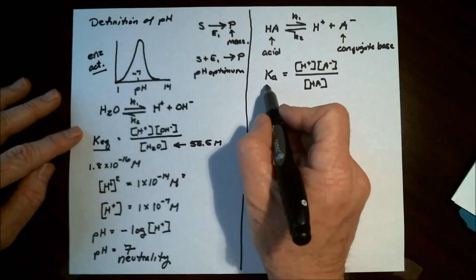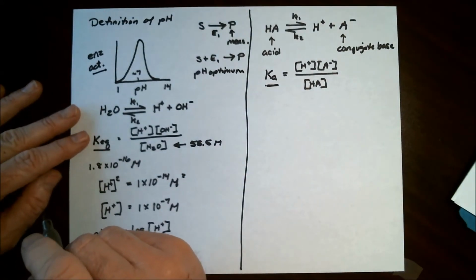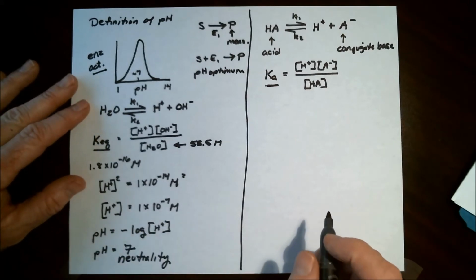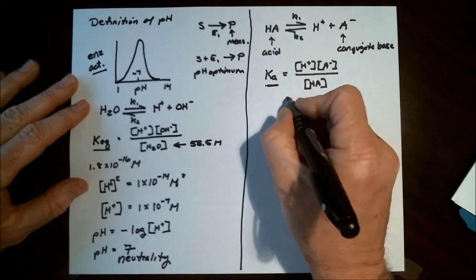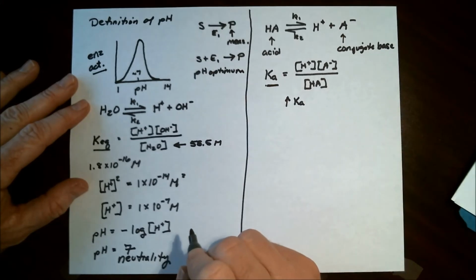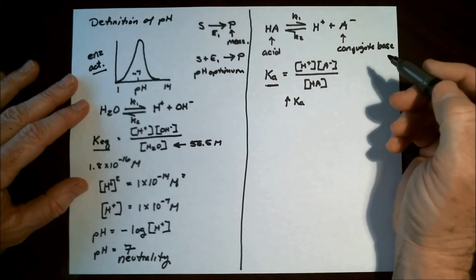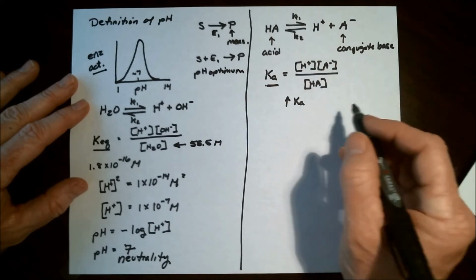And this gives us our acid dissociation constant. So if we have a stronger acid, we are going to have a greater Ka, because we will have a greater concentration of product over reactants.